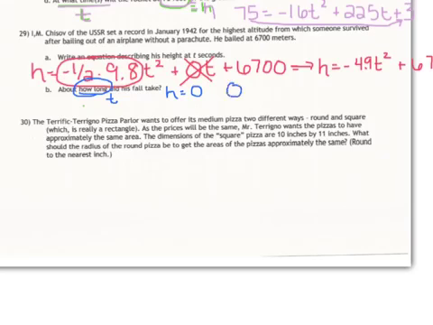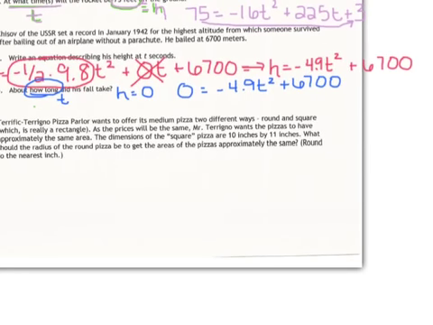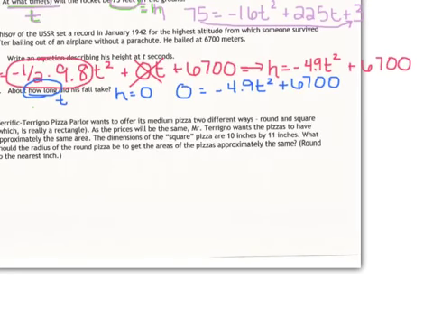I would say 0 equals negative 4.9 t squared plus 6,700, and solve. Now, I certainly could use the quadratic formula like I just did in the last problem, okay, but because this problem only has a t squared, it doesn't have the other t in it, I can solve it just like a regular equation.